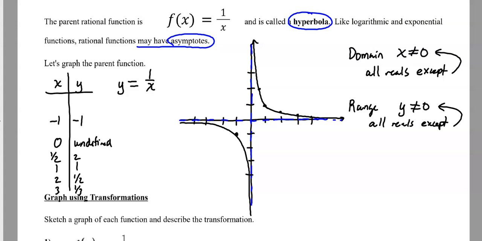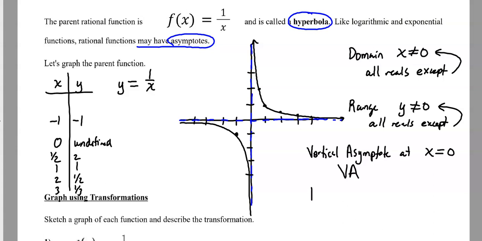Well, let's look at the asymptotes. So we have a vertical asymptote at x equals 0. And in the future, on other problems, I'm just going to call this VA, vertical asymptote.